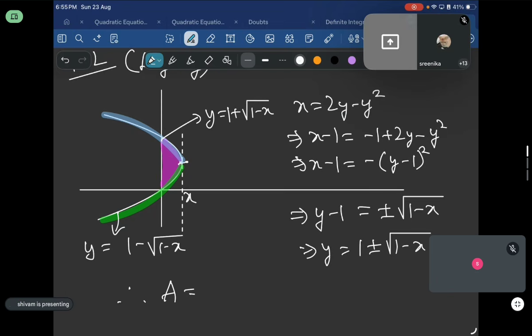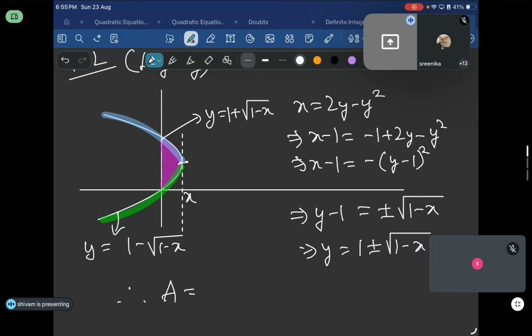So what you can do is you can find out this total area. From this total area, I can subtract this area. Then we'll get the red area.